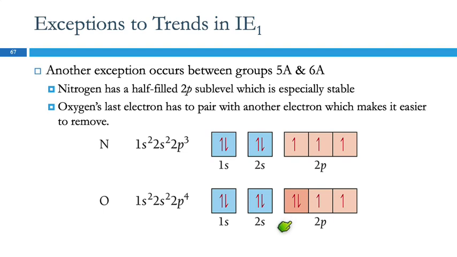Down here, this is not exactly half full, and when I'm removing this electron, in my characterizing of atoms as having personalities and stuff, this guy's just not really happy anyway because he's got to share a bed, right? It's easier to remove this electron than one of those. And that's why oxygen has a lower first ionization energy than nitrogen.